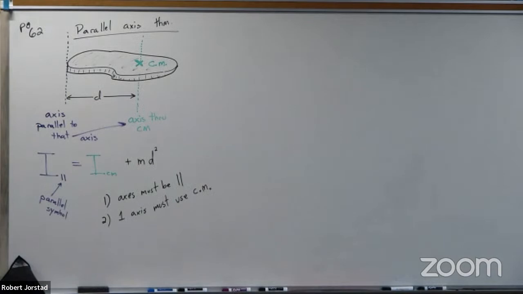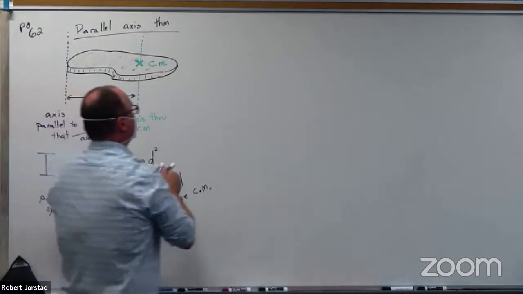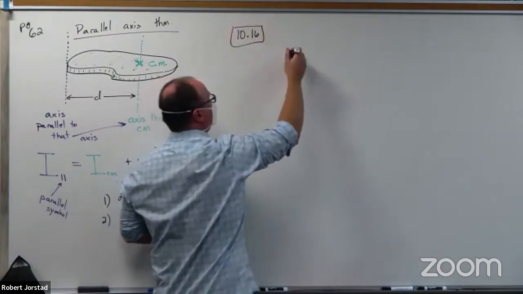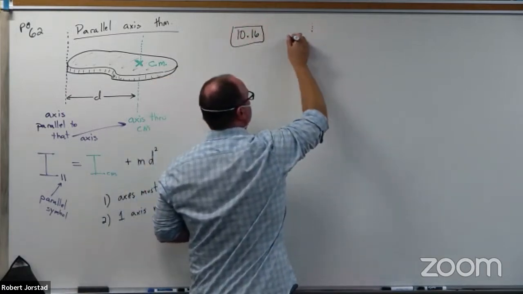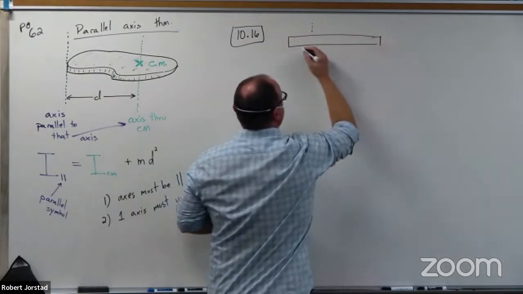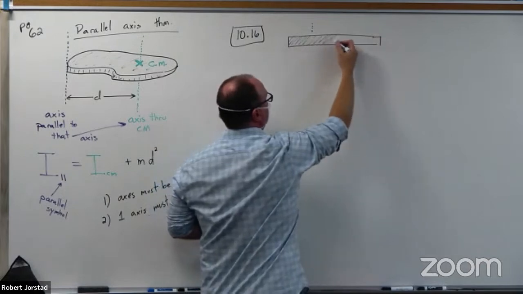Let's look at 10.16 and see how this matters. Up until now, we've always been using a rod at its end or at the center.